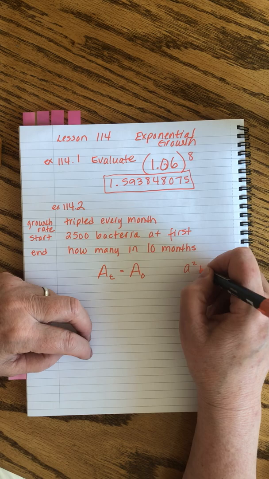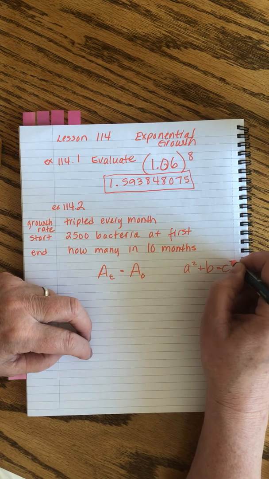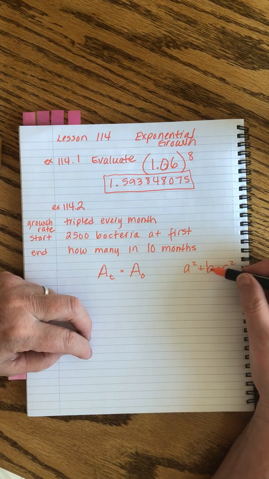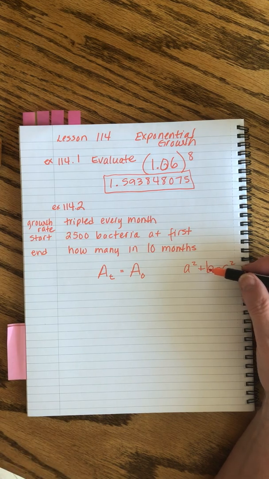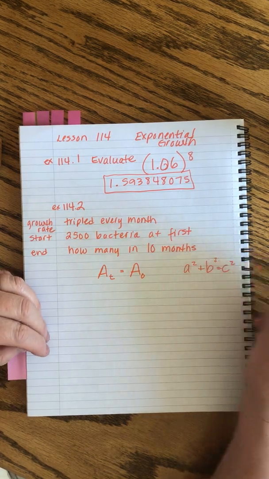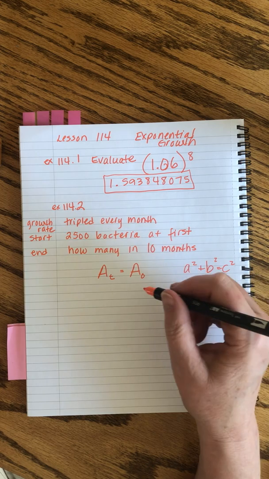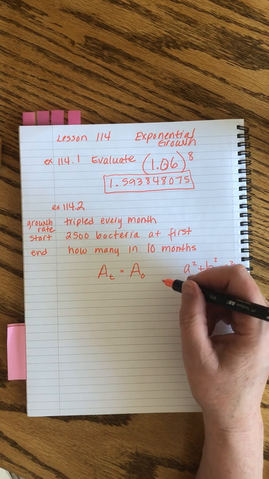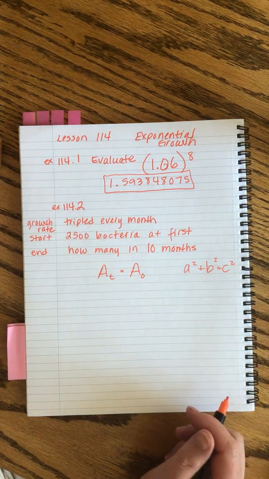I wrote a squared plus b equals c squared. I forgot to write the square on the b. I eventually caught it, but it was after we'd done the problems. Oh my gosh, I probably confused them so badly. I went back and fixed it, but good Lord. So let's see if I can get you this correctly.